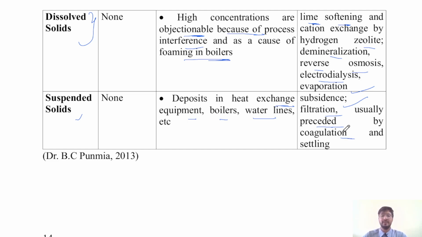So these are the different parameters, their causes and effects, and their treatment methods, which we present in the table here. There are a lot of constituents, the problems they cause, and the treatment methods to reduce the concentration of these particles.